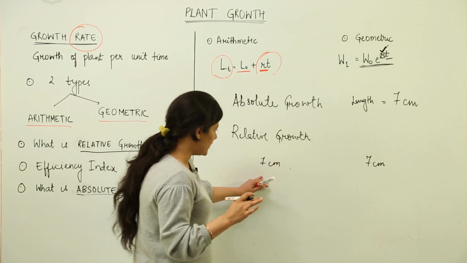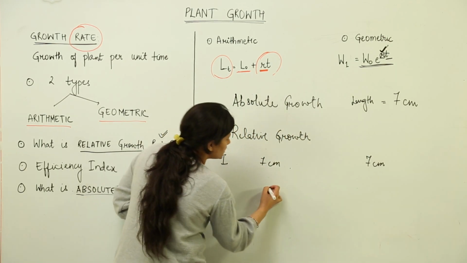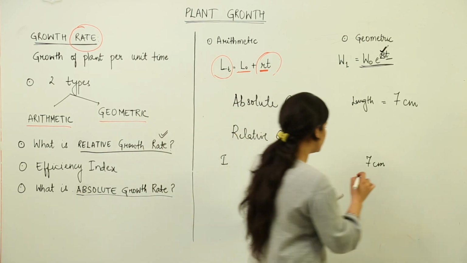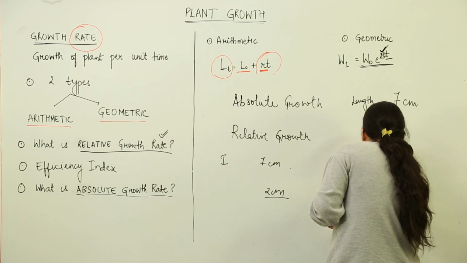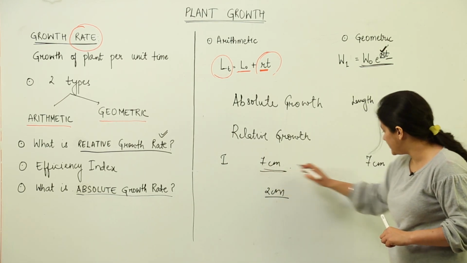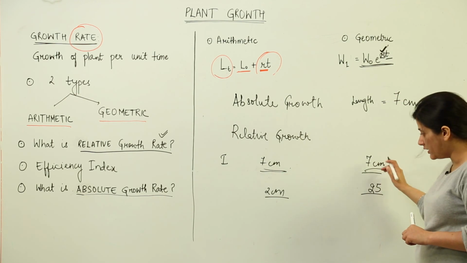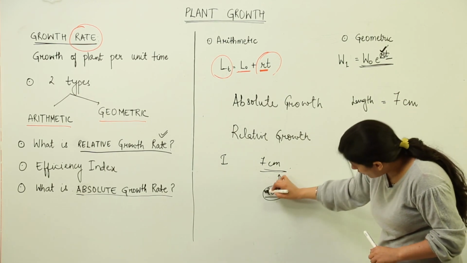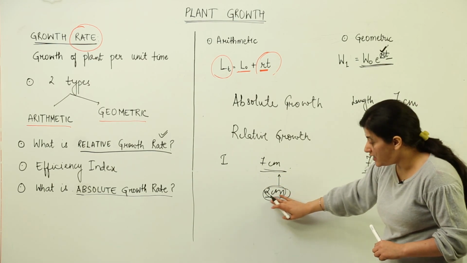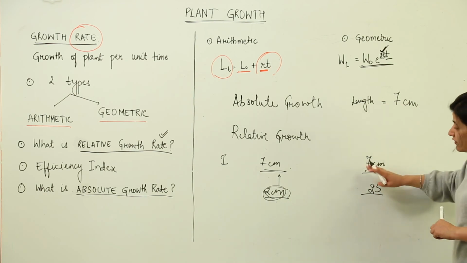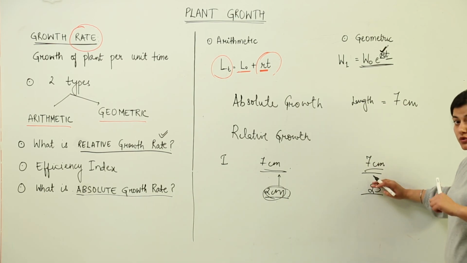Plant number 1 was 2 centimeters in height, and the other plant was 25 centimeters. In the same time, they have achieved the same growth. That means the absolute growth happens to be similar, but because this one has shown a lot of growth owing to its initial size of 2 centimeters, while the other had 25 centimeters, even if it has increased 7 centimeters, it would not appear much.